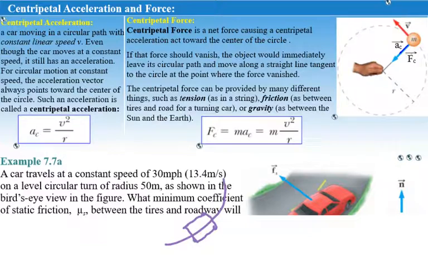The car is moving forward, so the velocity is forward, but the friction is inward, and that inward friction force is your centripetal force, which has its own formula. So in this case, the friction force becomes centripetal force. That's without a banked curve, on a flat surface.